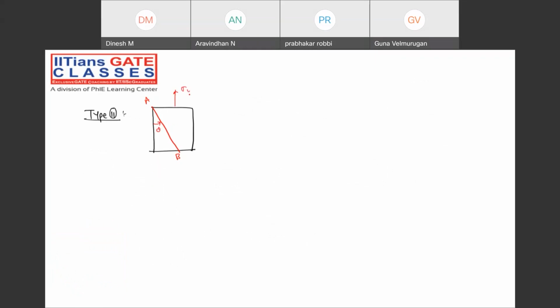Suppose they will be giving you sigma yy value, sigma xx value, here also sigma xx, here also sigma yy, and they will be asking you sigma theta and tau s theta for the plane AB. For the plane AB, what is the sigma theta? And for this plane, what is the tau s theta? That's a very, very important thing, guys. Please note down. Type 2 problem.